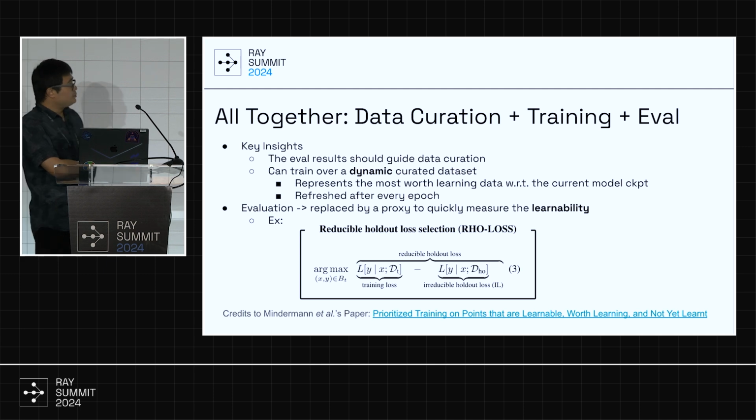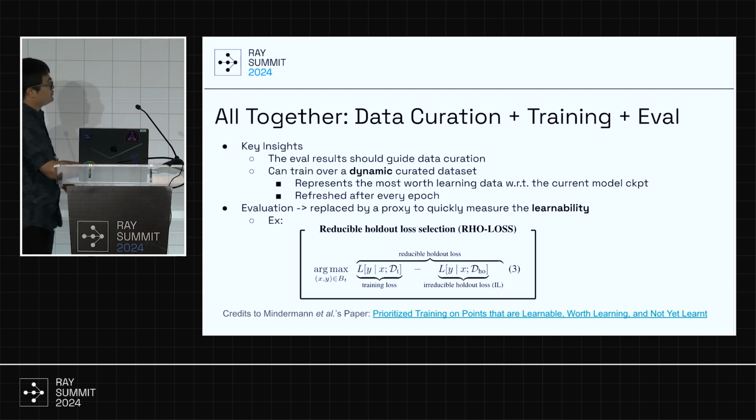But what's a new approach? The key insight is that I believe our eval results should guide our data curation, instead of it being a totally independent phase as previously. How are we going to do that? We can train over a dynamically curated data set.